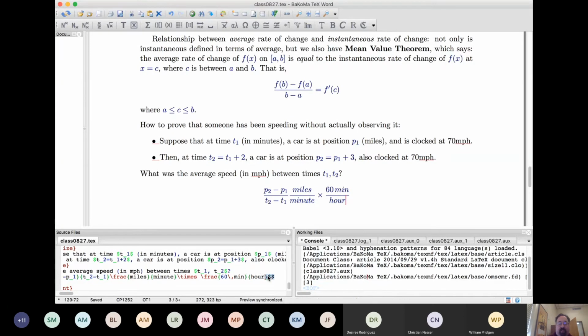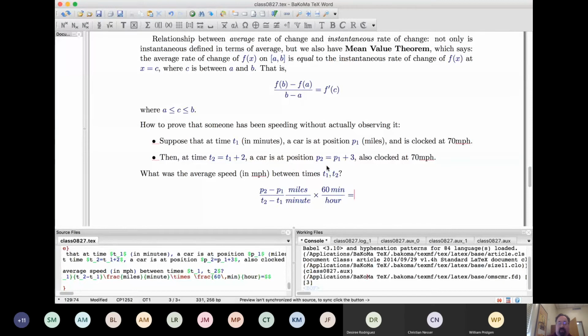So we'll go ahead and fill in the numbers laid out here. Who can tell me what the average speed turns out to be?